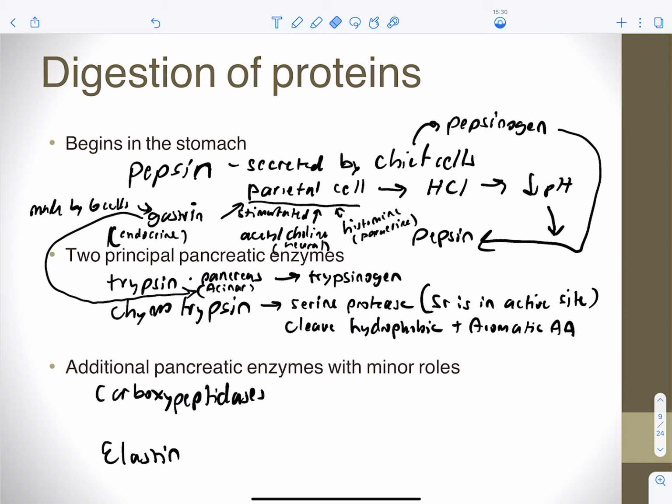Now just keep in mind that this is a good place to introduce serine proteases, because we do have what are called serine protease inhibitors. Serine protease inhibitors are given to people who have a high incidence of blood clotting, because a lot of your enzymes in blood clotting are serine proteases.